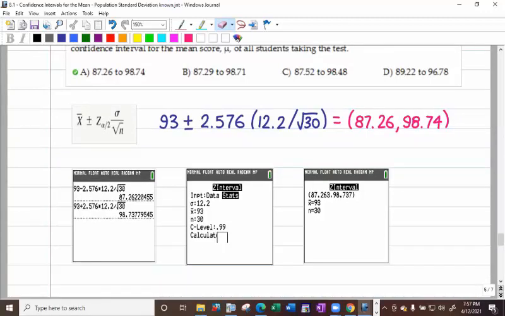See, 0.99 is your confidence level. Pretty straightforward. 87.26 and 98.74. The only challenge I anticipate with these problems, after we learn the next section, is paying attention to whether you're using the Z interval part or the T interval part. That's probably going to be the only challenge.